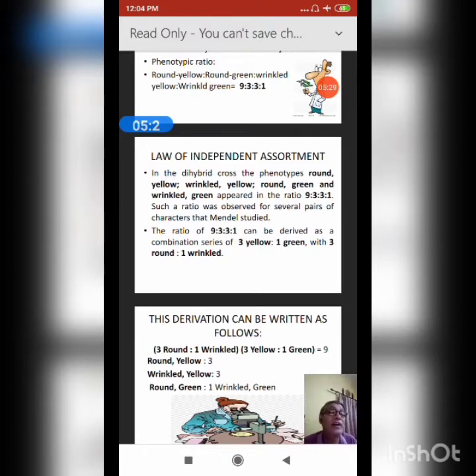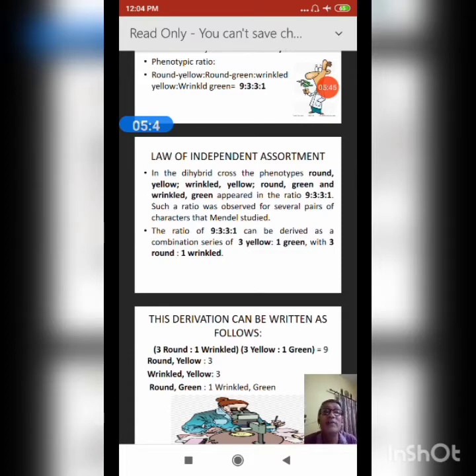In the dihybrid cross, the phenotypes round yellow, wrinkled yellow, round green and wrinkled green appear in the ratio 9 is to 3 is to 3 is to 1. Such a ratio was observed for several pairs of the characters that Mendel studied.